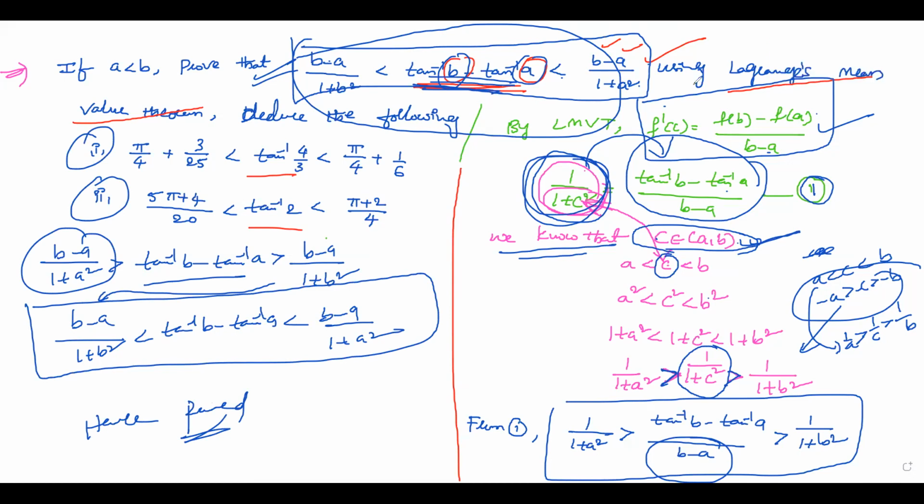The main thing here is that using Lagrange's mean value theorem means it satisfies all the conditions of Lagrange's mean value theorem. Any doubt? The remaining deductions we'll discuss in the next class.